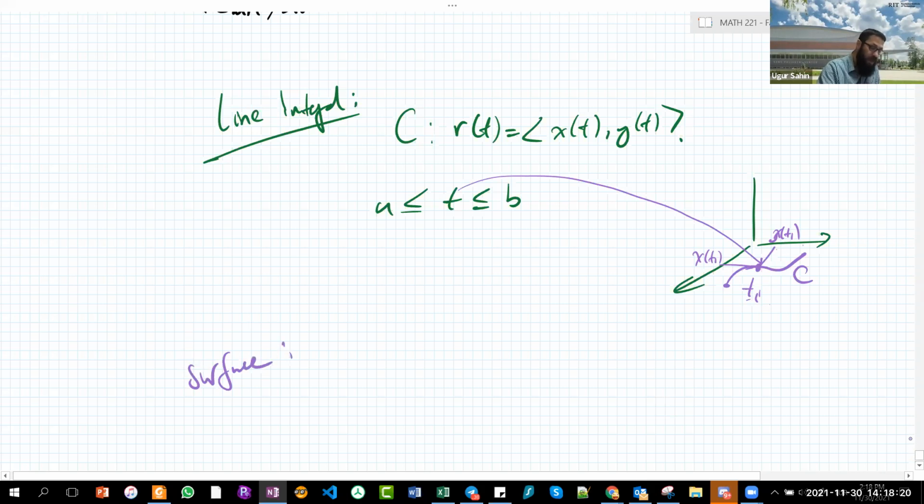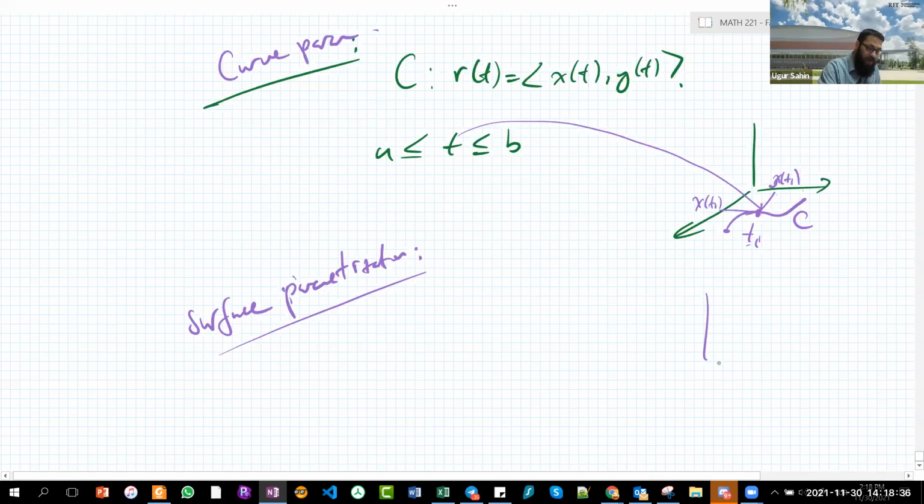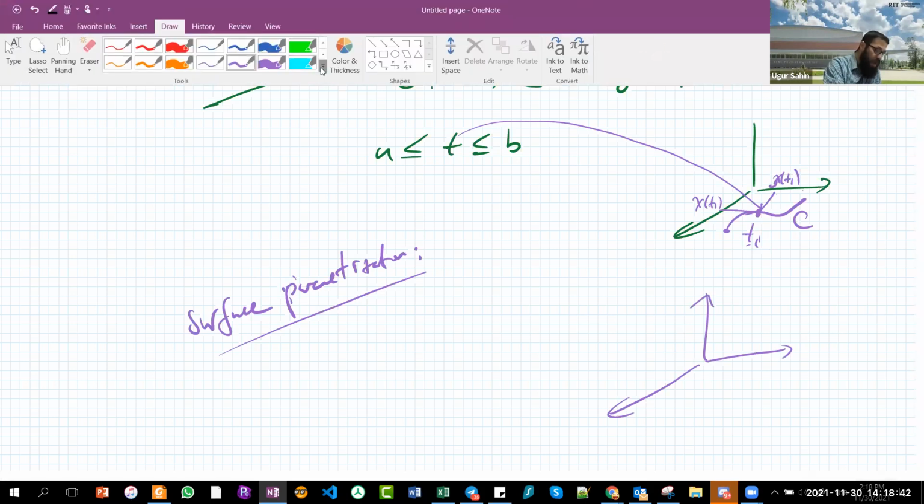For surfaces, you can just write it here: this is the curve parameterization, and this is the surface parameterization, which I'm going to need for my surface integral. This time, I'm going to find the mapping for the surfaces.